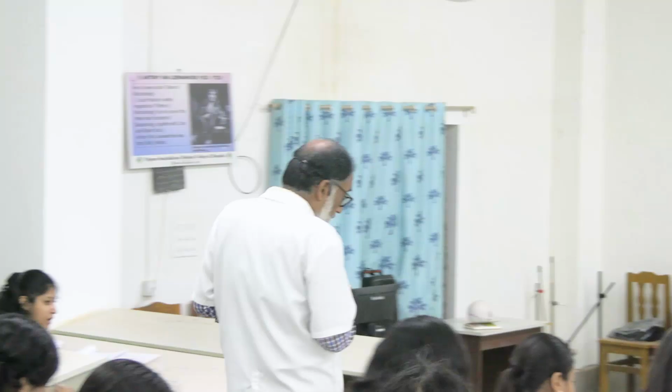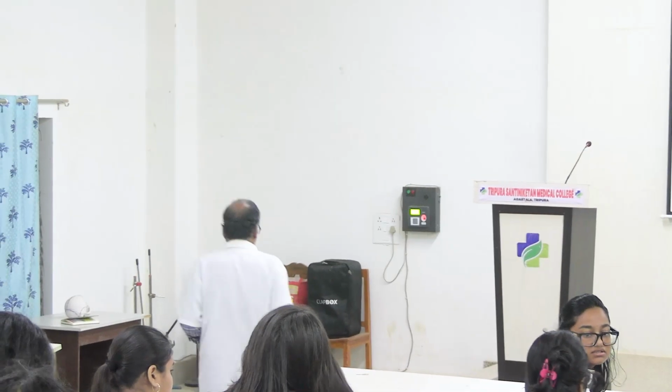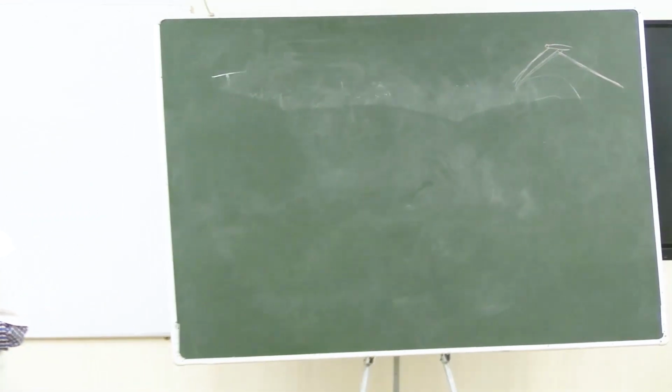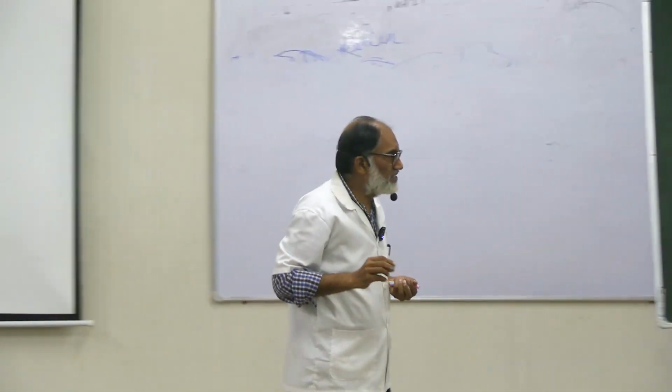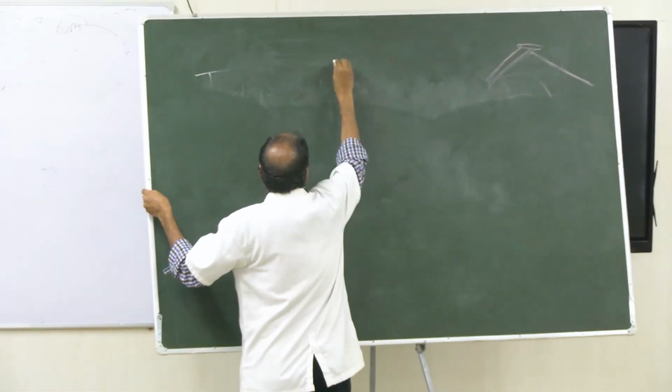Right? Now let us draw the diagram. First I will discuss the maxillary artery and its branches. Right? Maxillary artery and its branches.